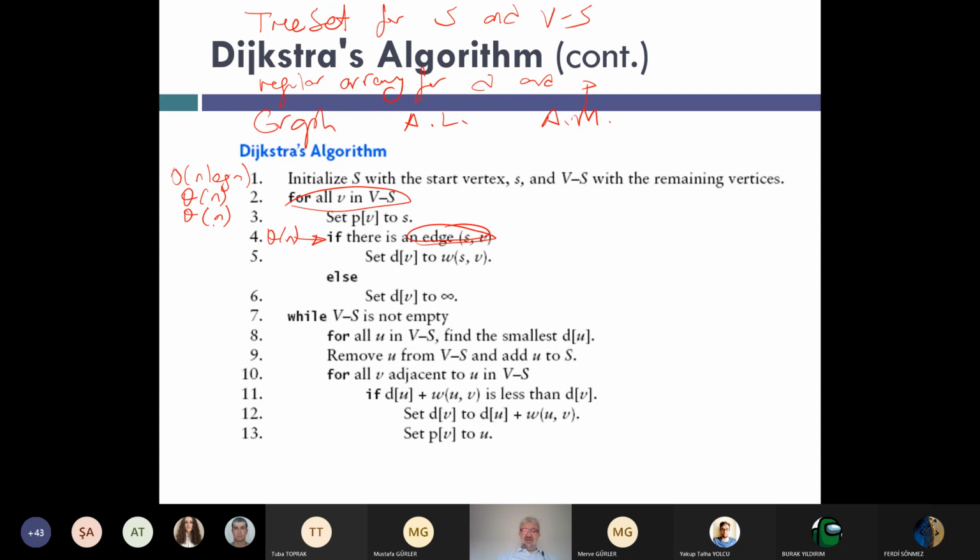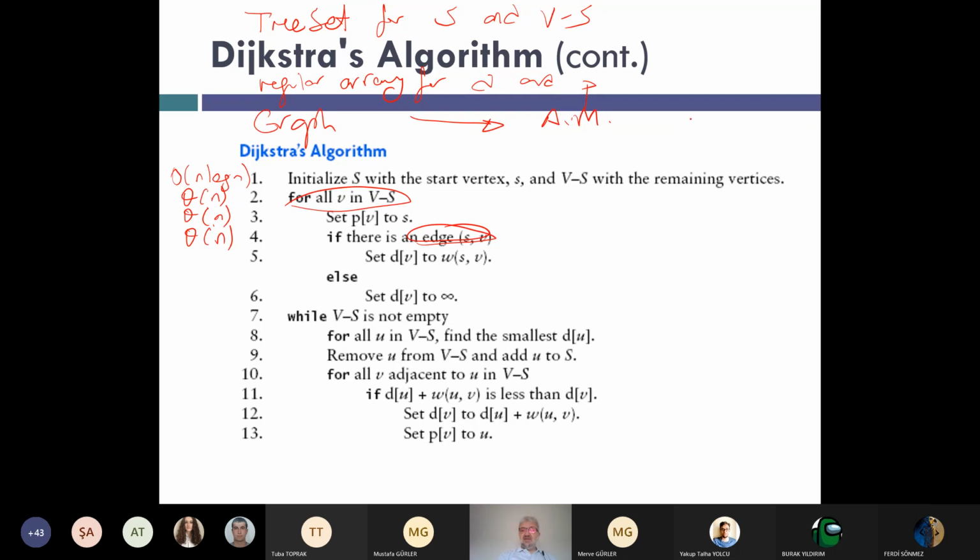So let's assume adjacency matrix first. And for adjacency matrix, it will take constant time. So this is theta n as well, right? So graph is adjacency matrix.